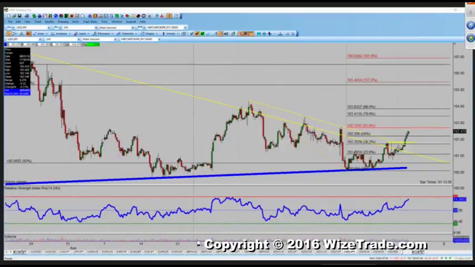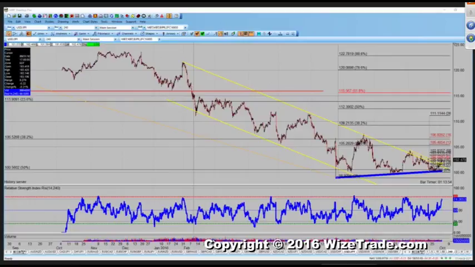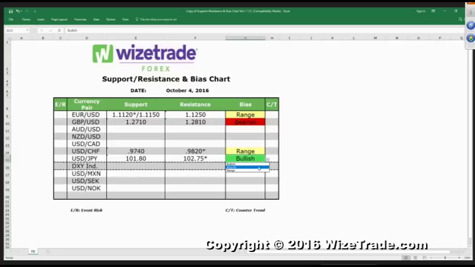I would say 80% of the time since the beginning of the year, we've had a bearish designation. How weird is it to see the dollar yen with a bullish designation? Crazy. Okay.